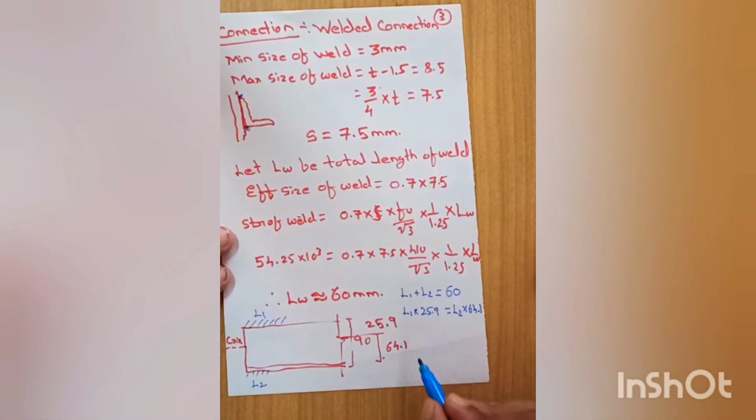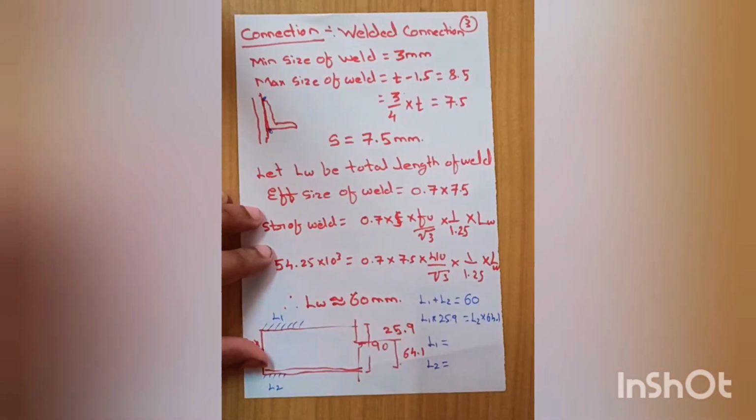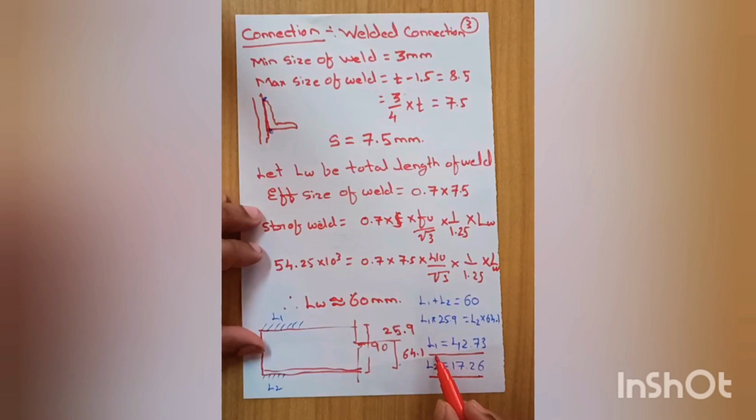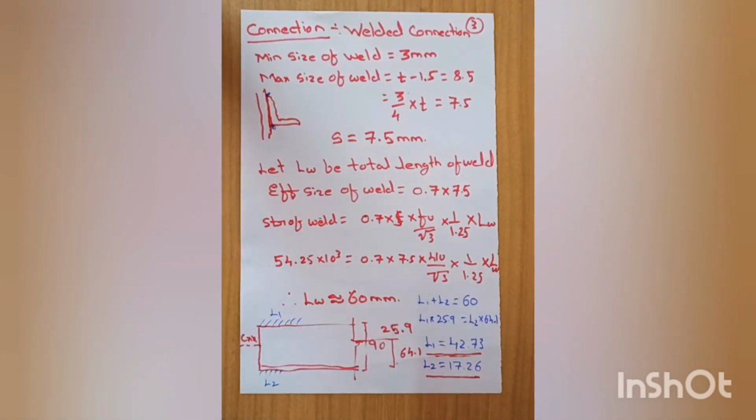So solving this, we will get the values of L1 and L2, which comes around L1 42.73 and L2 17.26. So these are the final lengths of the weld which we are providing to the angle.